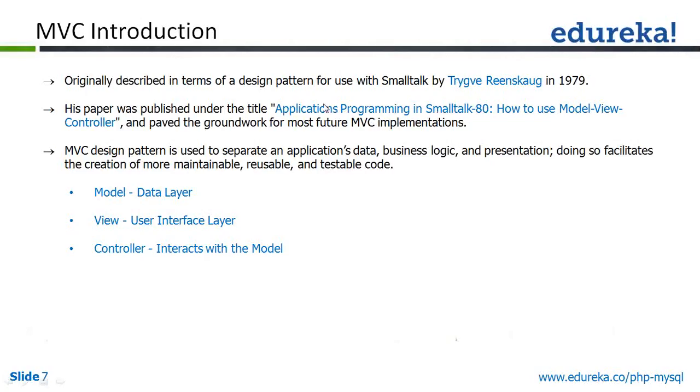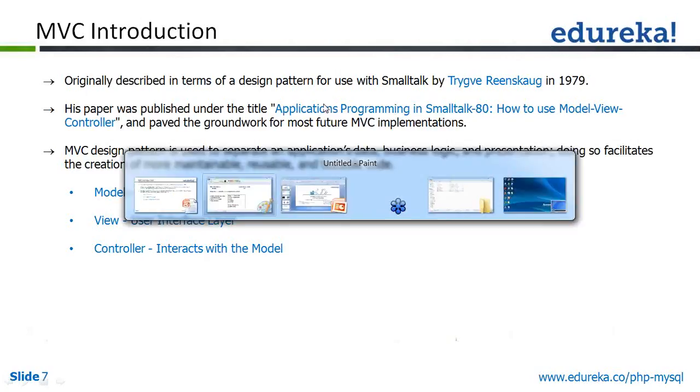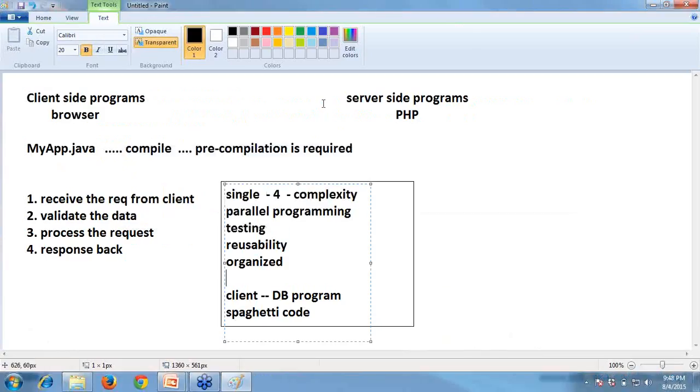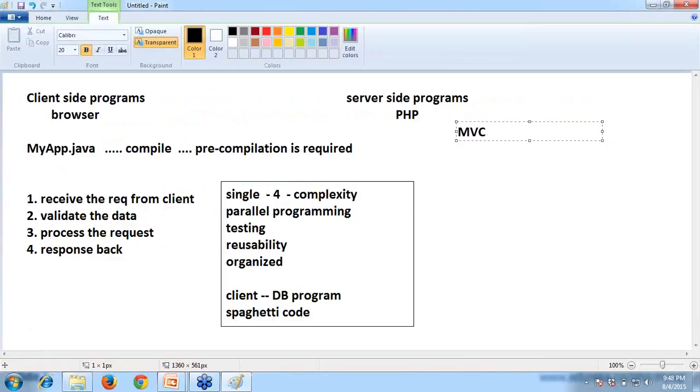And what this MVC design pattern says is, separate everything. In the previous case we discussed, everything is written in the same place. Now the MVC design pattern says separate everything as model, view, controller.